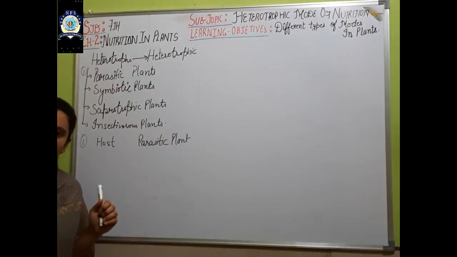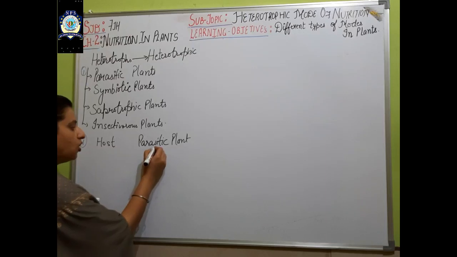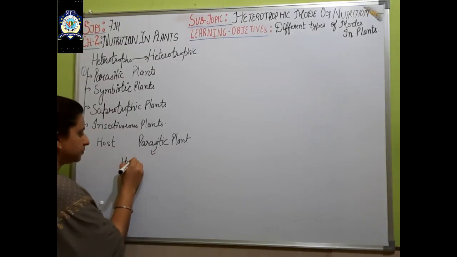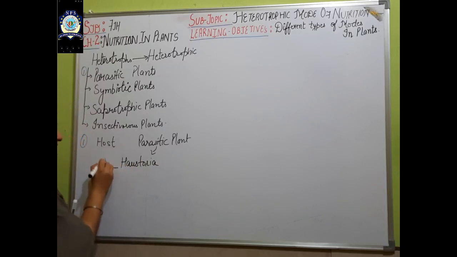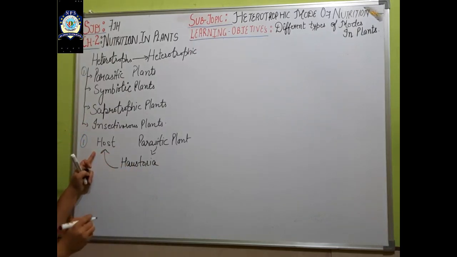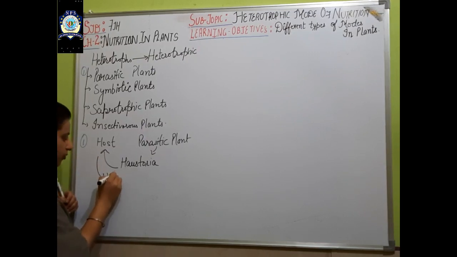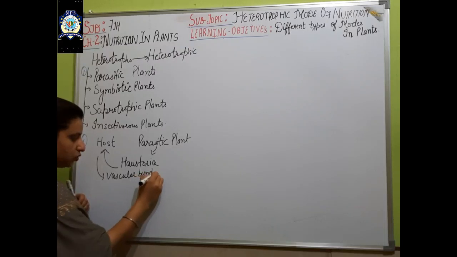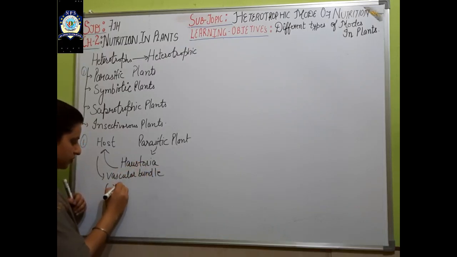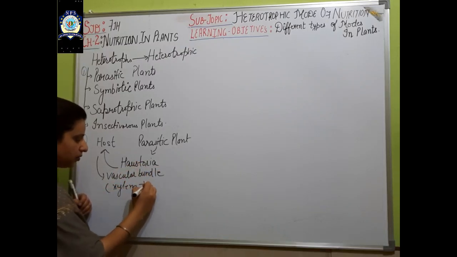In the parasitic plants the roots are developed into special types and they are called haustoria. These haustoria penetrate into the body of the host, especially into the vascular bundle. We know that vascular bundle is made up of xylem and phloem.